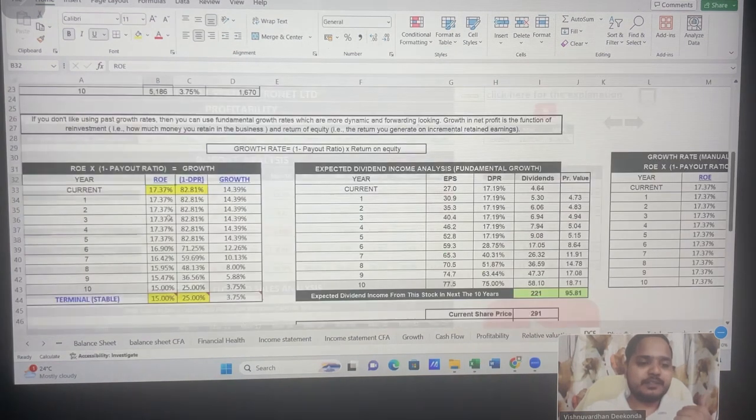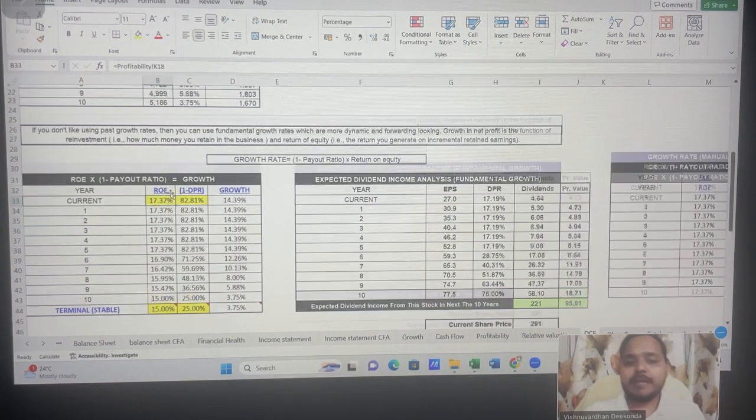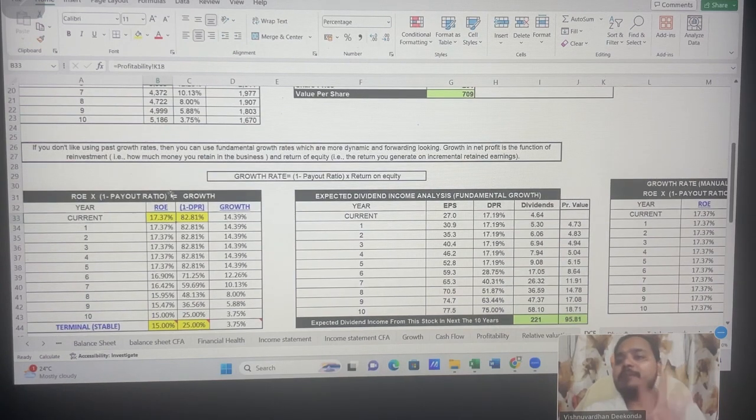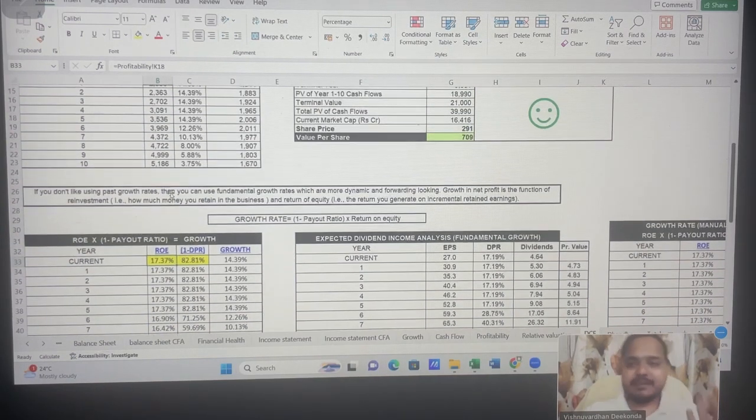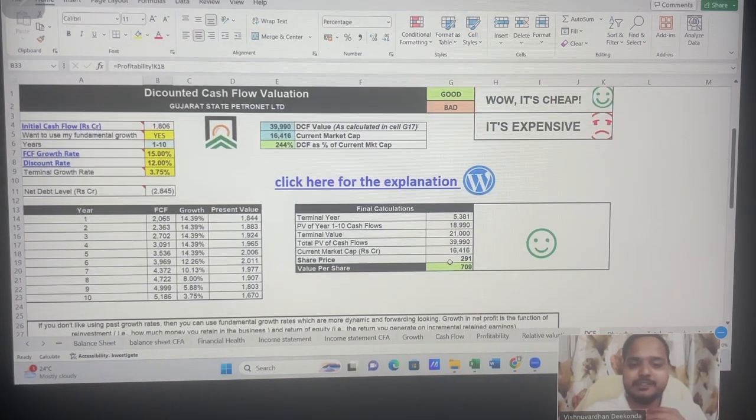So instead of 17, I can put 20 as well. But I'm not going to do that because I like to keep numbers conservative. If it can generate 20%, obviously the value per share will increase. But I like to be conservative, so I'm keeping it at 17%. So value per share is 700, with the current share price around 300.